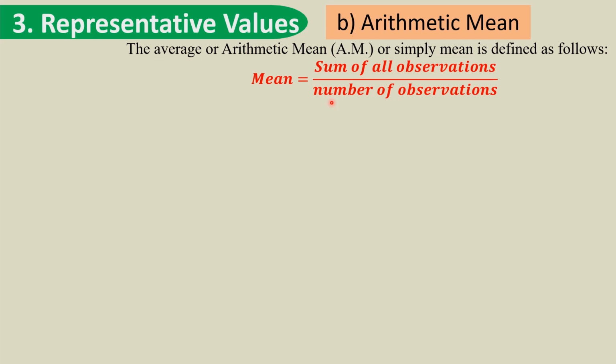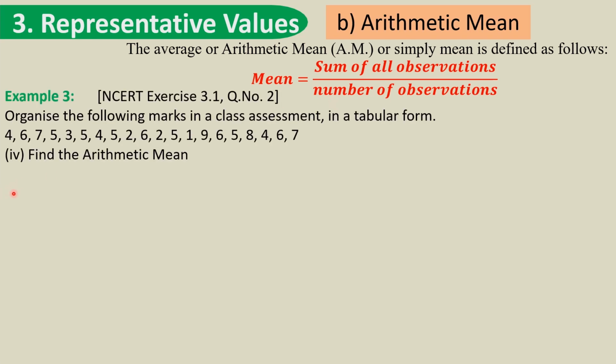Let's take the same question with the fourth sub question. The same question as in example 3, but we have taken 2 and 1. Here the fourth sub question is to find the arithmetic mean. In case of finding the arithmetic mean, these are the values, right? Observations.